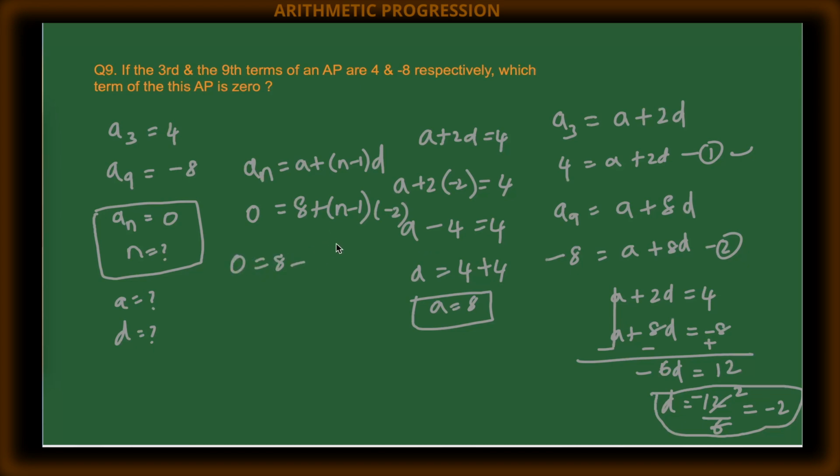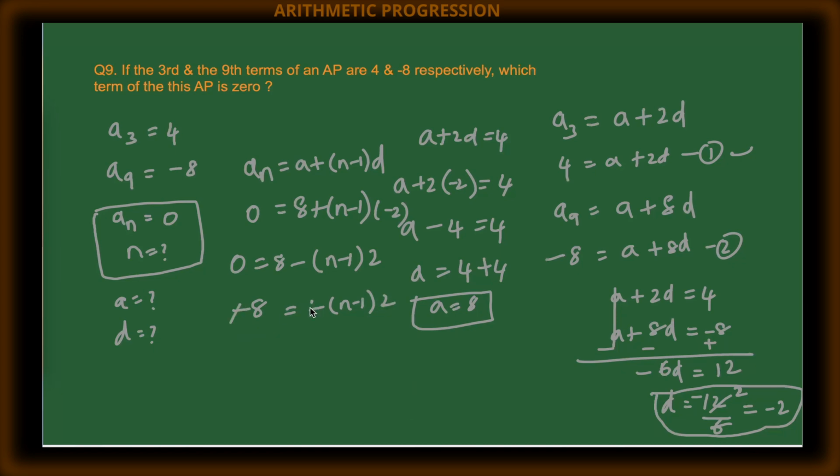plus (n minus 1) into (minus 2). Okay, so 8, let me bring it here. Minus 8 is equal to minus (n minus 1) into 2.